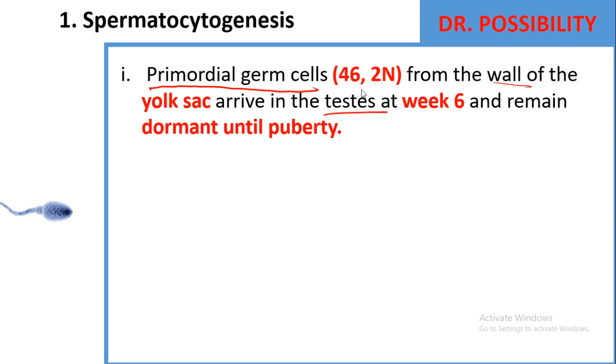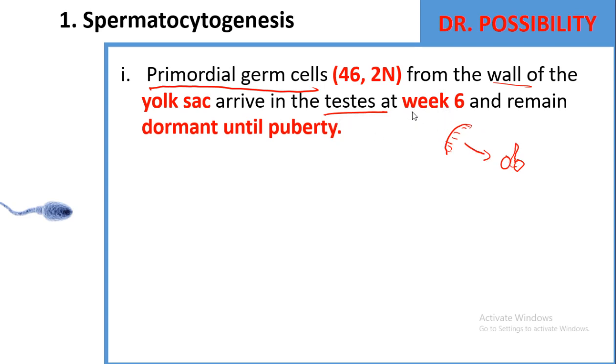The gonad part of the male is the testes. So these primordial germ cells need to move from the walls of the yolk sac and reach the testes. They have to reach the testes. It has to move.